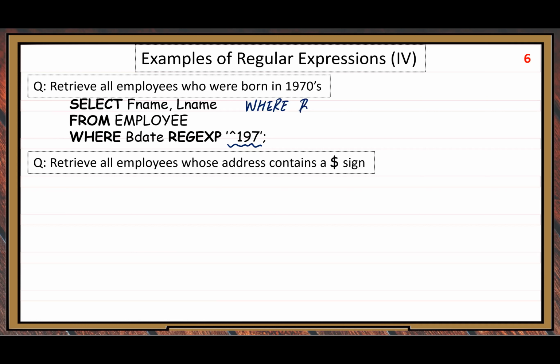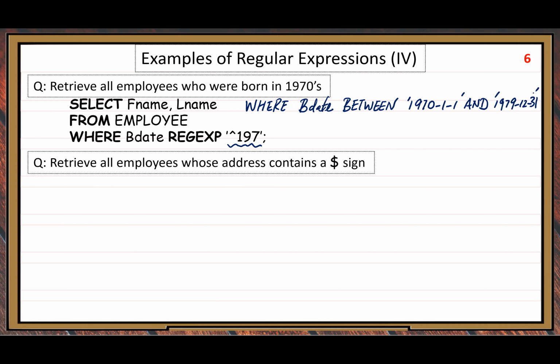Where B date between operator, the first day of 1970, and 1979, 31st.